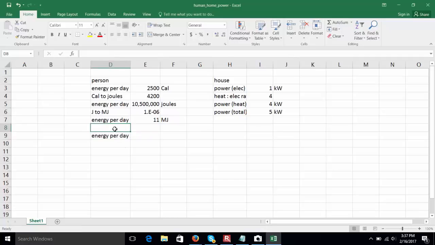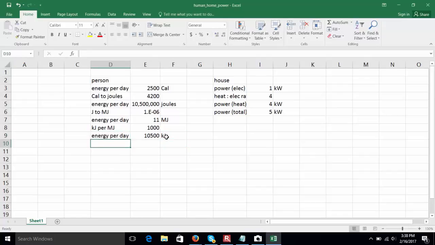So kilojoules per megajoule, 1,000. And then energy per day equals the megajoules times the kilojoules per megajoule. Same difference, but we're using energy. So energy per day, and this is in kilojoules.